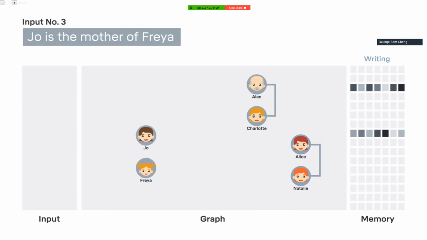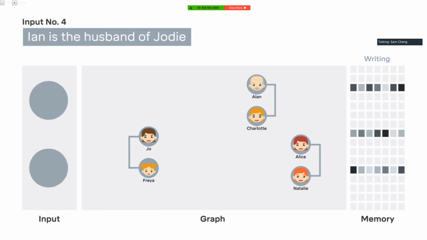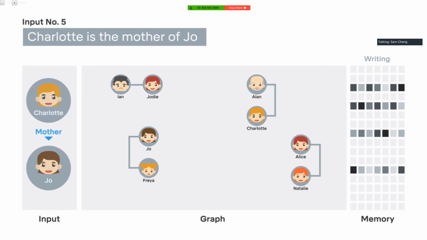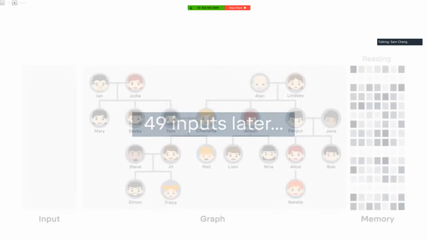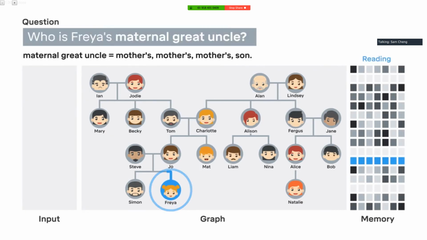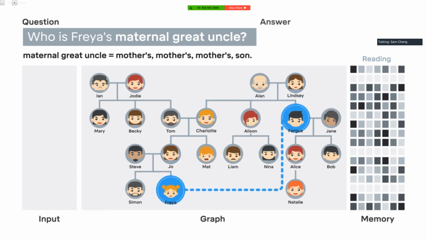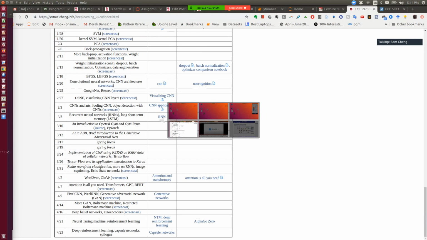It looks at, say, a pair of relatives, who is who and something like that, and then afterward it's trying to find the relationship of a pair. So for example, after building the entire graph, they ask whose, say, maternal grand uncle, and then it's able to find that. So this is an illustration of the use there.